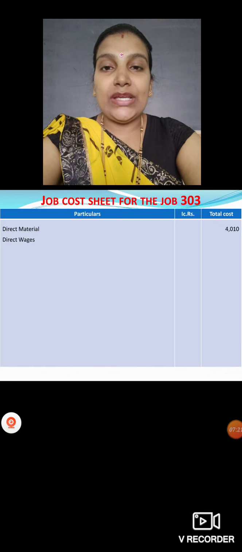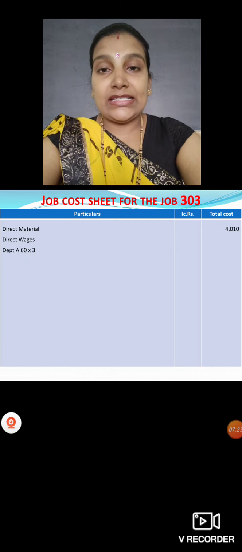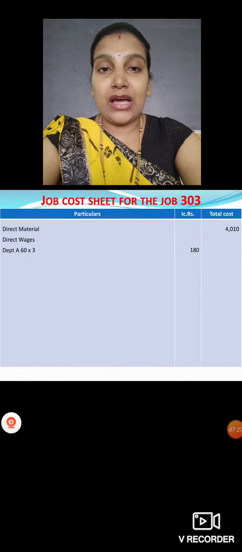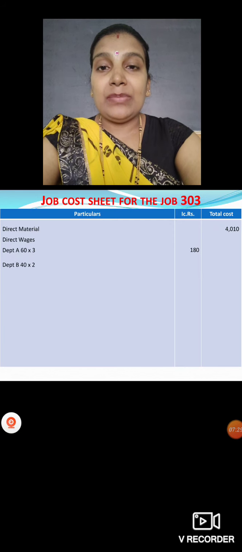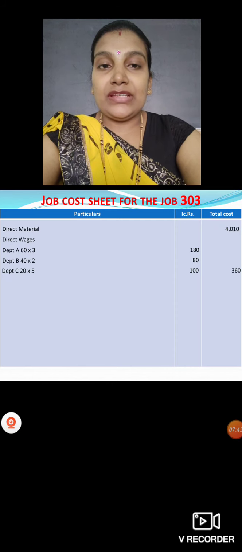Then direct wages: Department A 60 hours at rupees 3 per hour, so 180 rupees. Department B 40 hours into 2 rupees, so 80 rupees. Department C 20 hours into 5 rupees, so you will get 100. So total wages we are paying is 360.